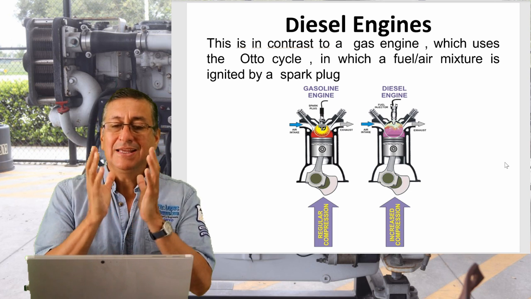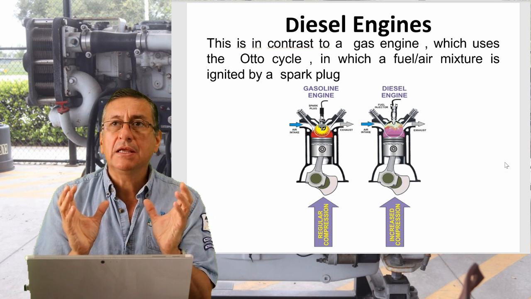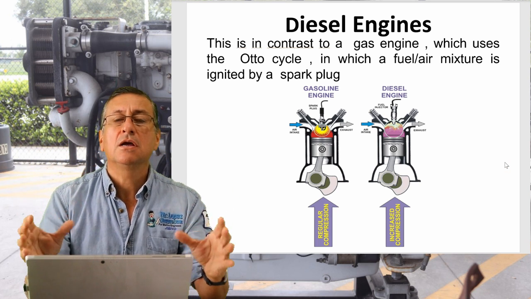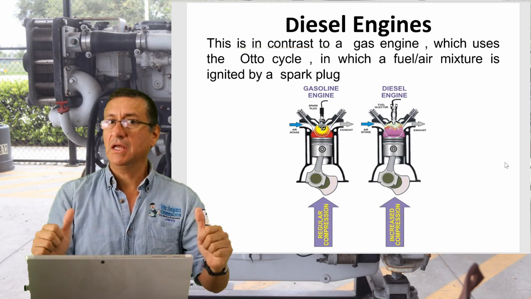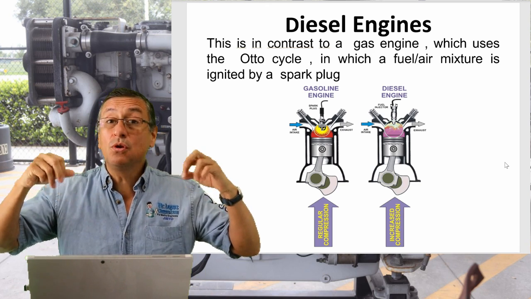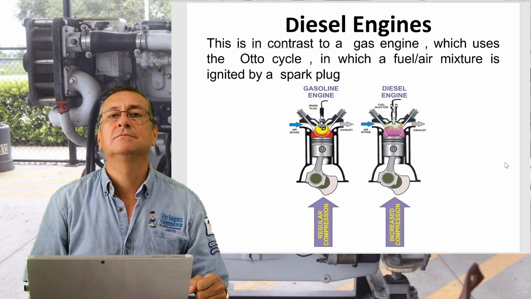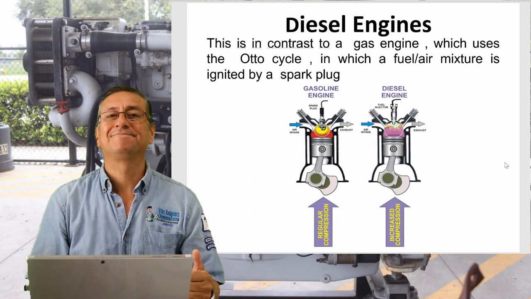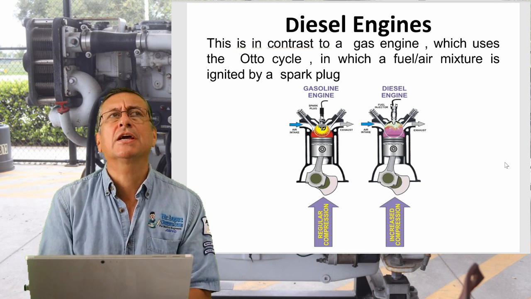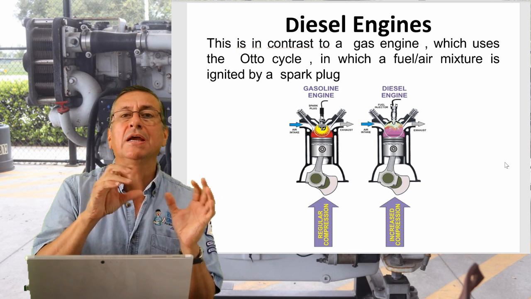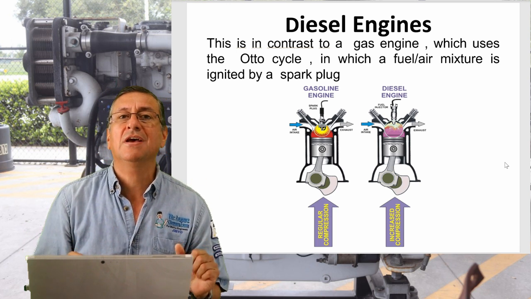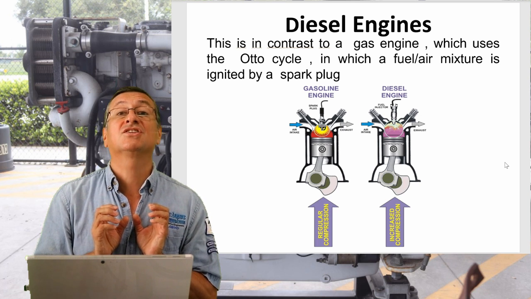The engine is an equipment designed to burn air, not fuel, air. The fuel is used to ignite the explosion, to produce the explosion. All right, let me check the difference between gas and diesel. Later in this episode, we are going to talk about the strokes.